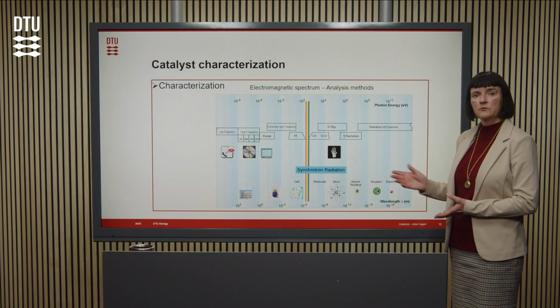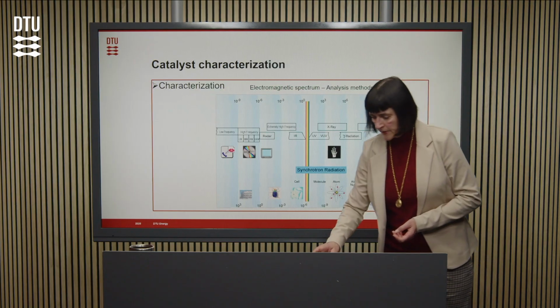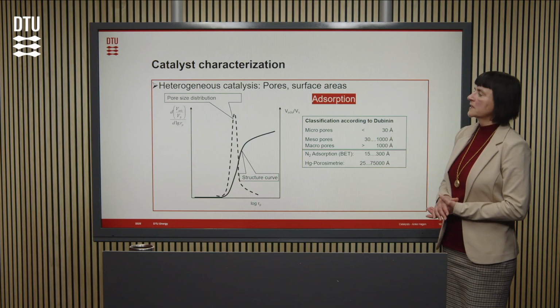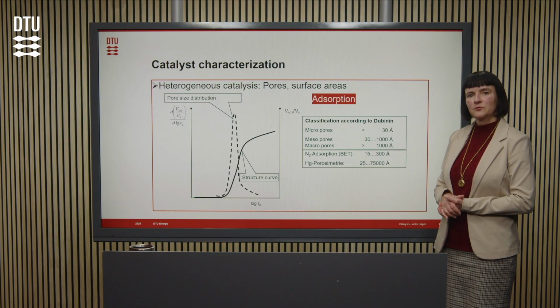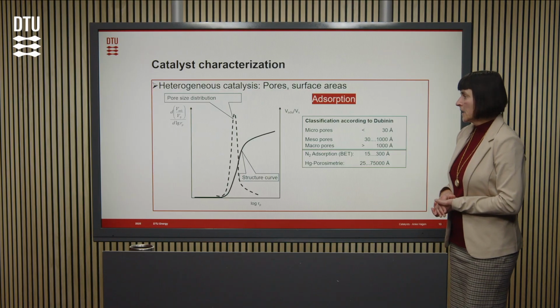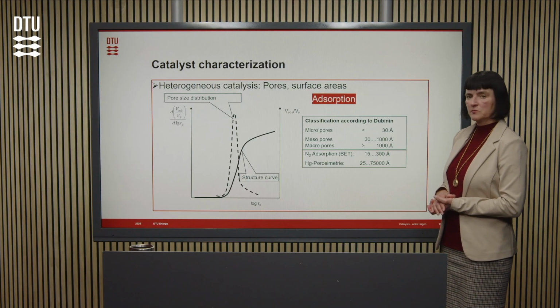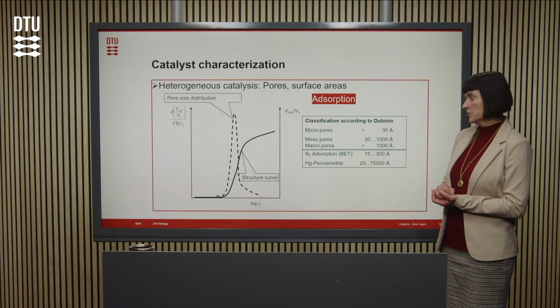In the following, I will give you a few examples of the characterization methods. I will start with one, and that is characterizing the surface or the pores, which are important to transport and also to accommodate the active sites. Here we often use adsorption methods, so we take a certain probe molecule that we adsorb on the surface.